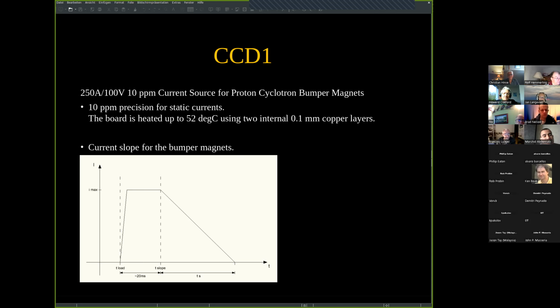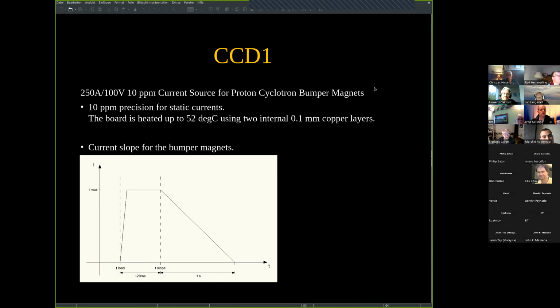So what we did is we put two copper layers on the printed circuit board, both 100 micrometers thick. And these copper layers would then be heated up to 52 degrees. So after 2 hours or so, the entire board would be heated to a stable temperature. And this way, we also got the 10 ppm precision at static DC levels.